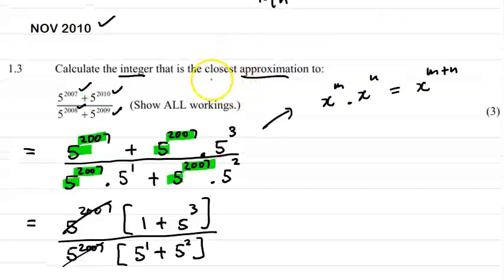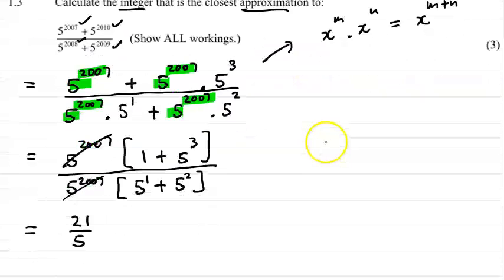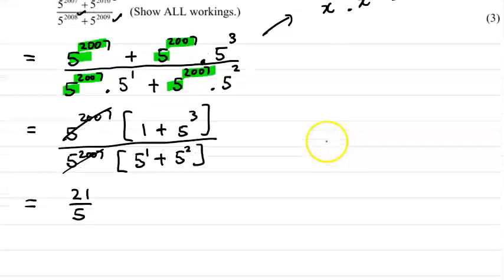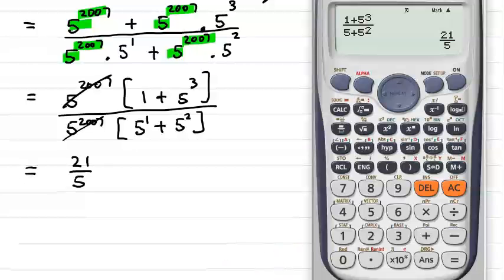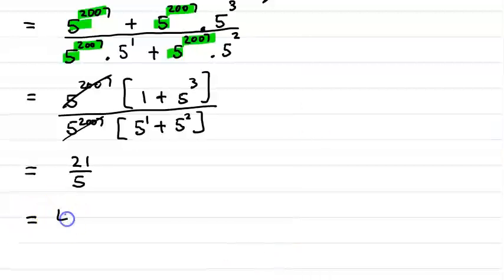Now the question says that they want us to calculate the integer that is the closest approximation to that. Remember, an integer is a positive or negative whole number, including 0. So let's get that decimal: 4.2. So therefore the closest integer will be 4. Learners, that is our solution.